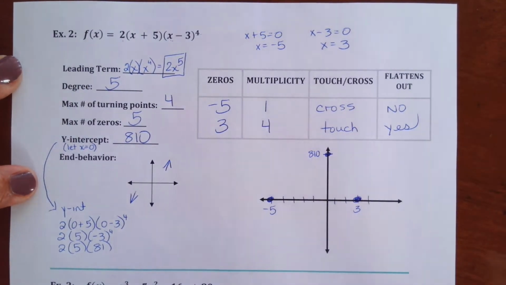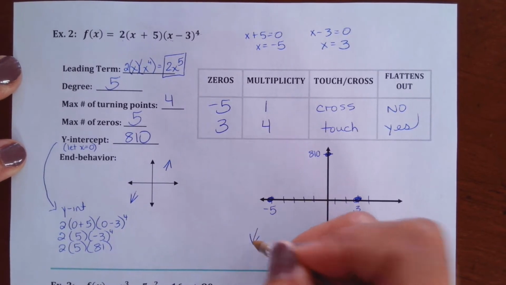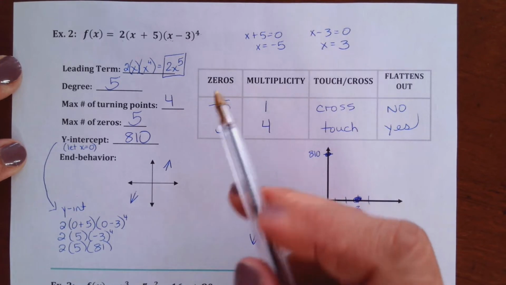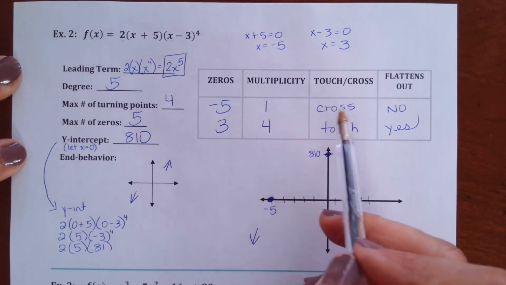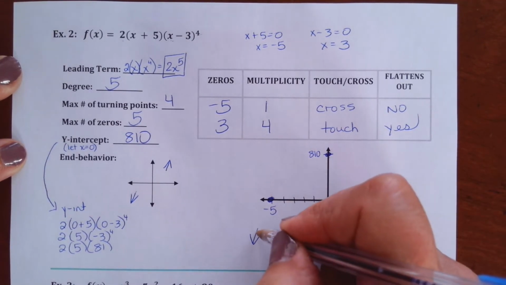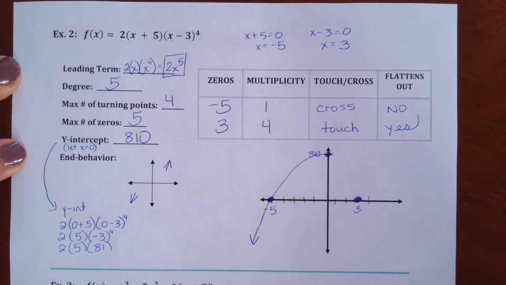All right, now you're going to start with your end behavior on the left, which I know has to be going down. I'm going to touch or cross at negative 5. So when I look at negative 5, I'm going to cross, right? It had a multiplicity of 1. And then I got to come up here and hit that y-intercept.